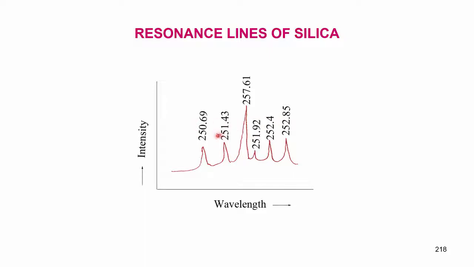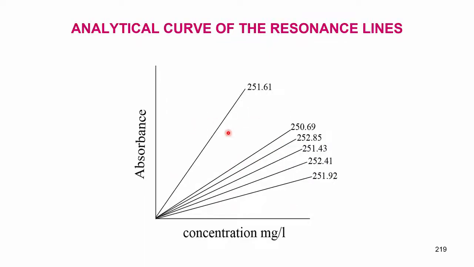So, for 250.69 the absorbance is so high, and for 250.69 it is less, and concentration is also more, absorbance is less.